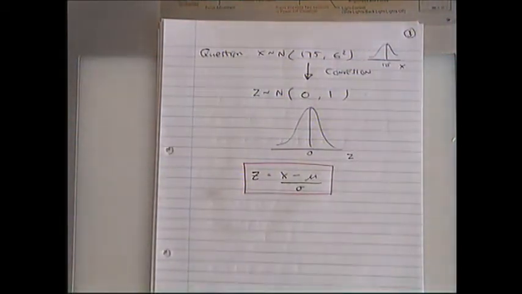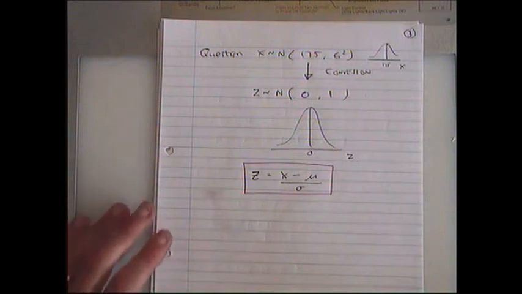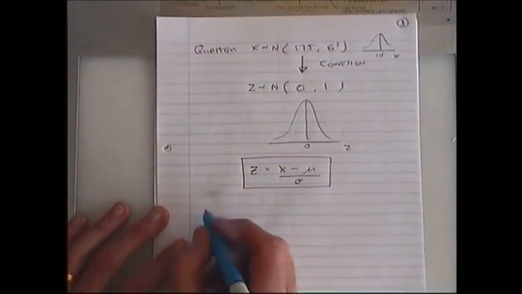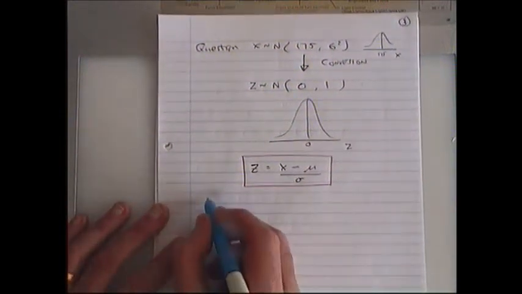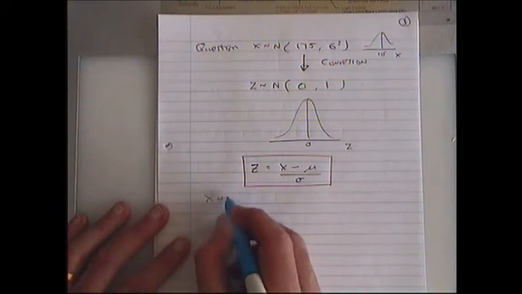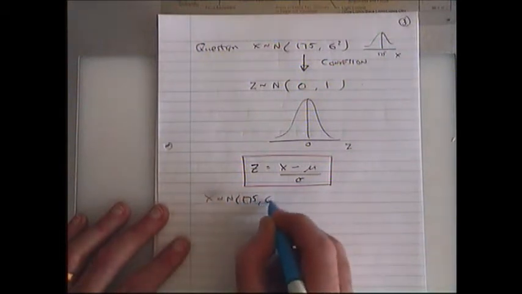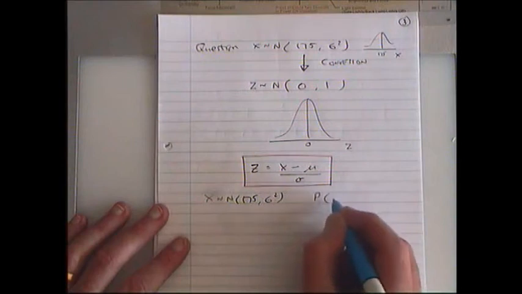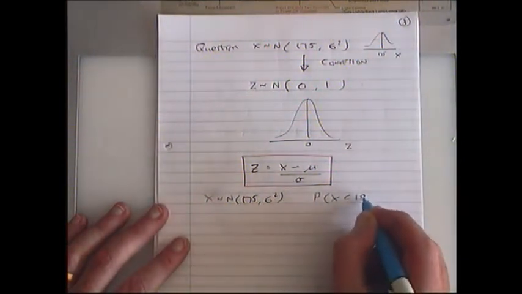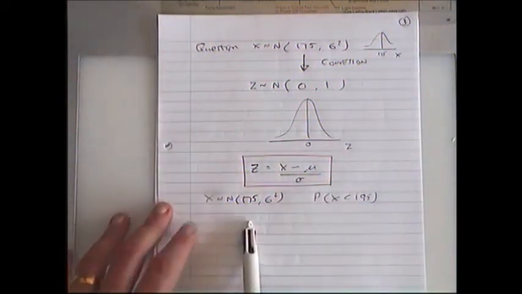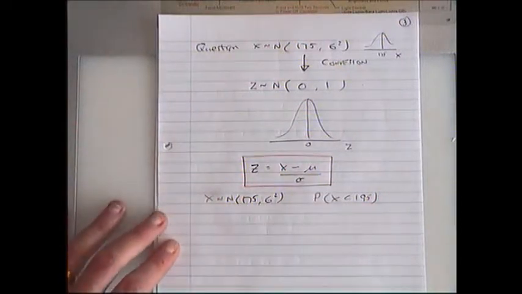So if we keep going with this, find the probability somebody is smaller than Alex. I'm just going to write down the basics again. We had this distribution, and we were asked to find the probability that somebody was smaller than Alex. That's our distribution, that's our question.